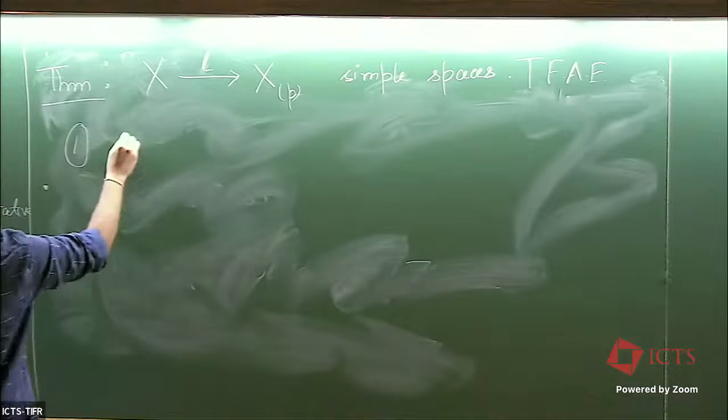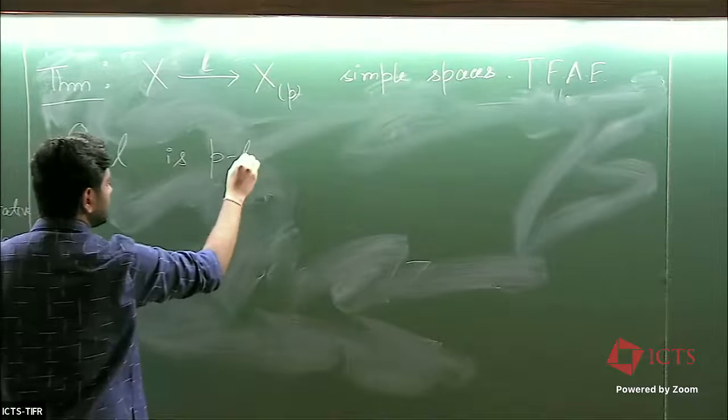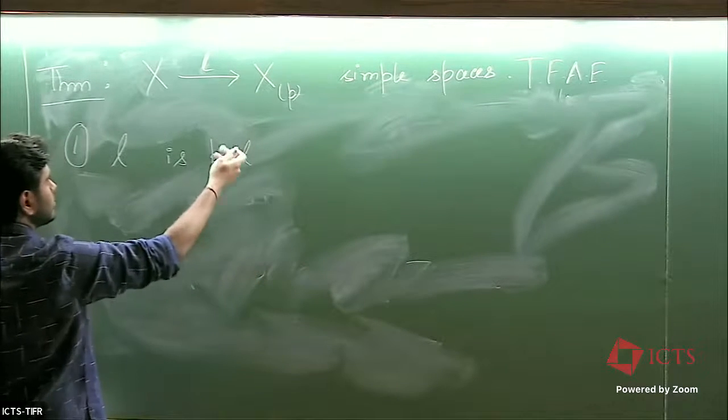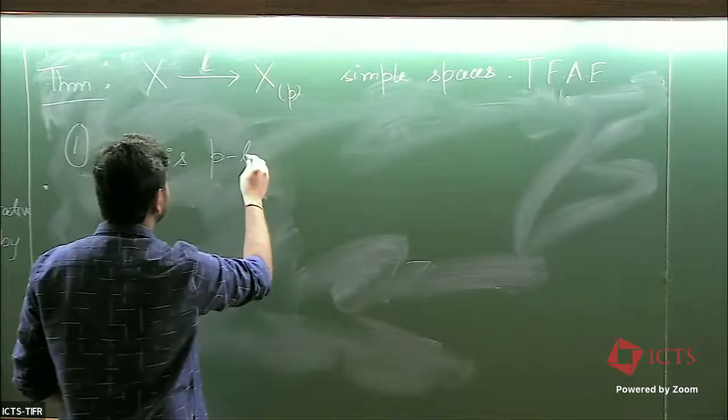One, this map L is the P-localization. So in particular X_P is P-local, and any map to a P-local space will factor through this map L.